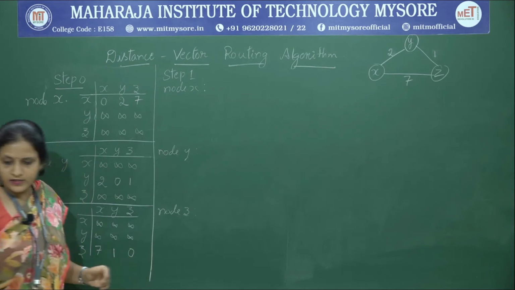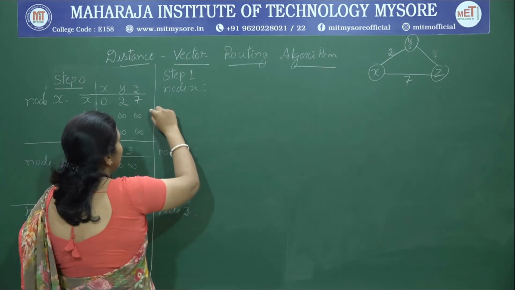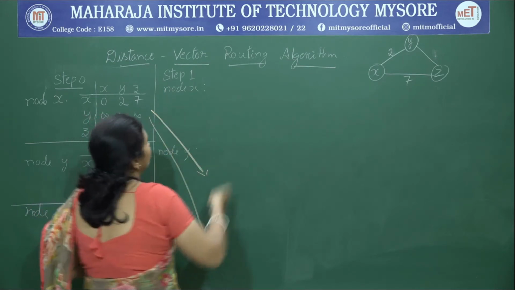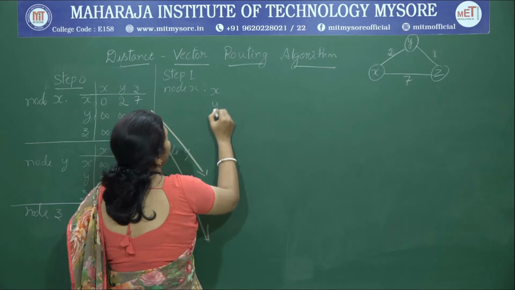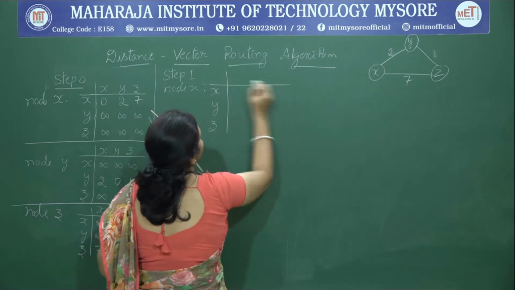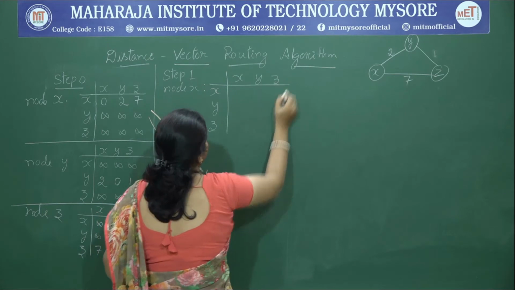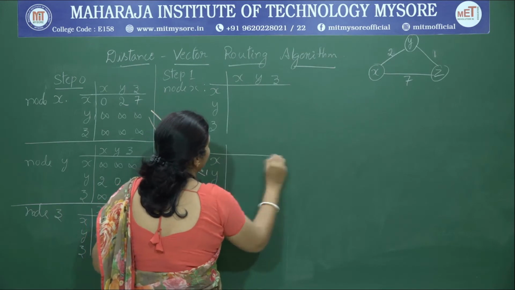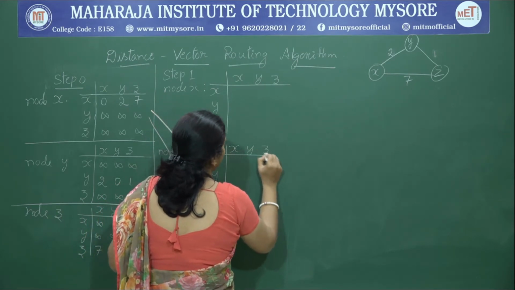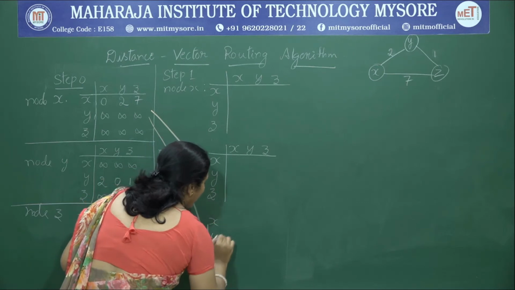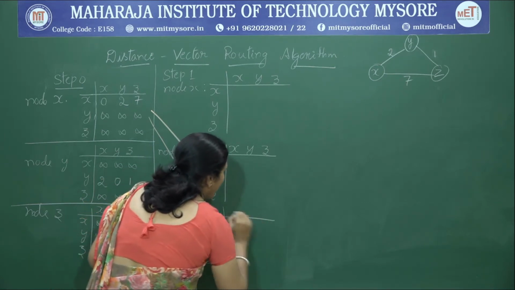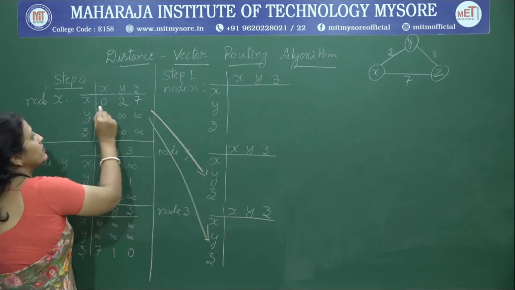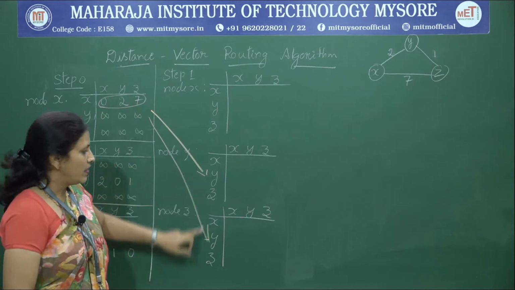Node x sends its information to node y and node z. Here again we are going to have a table like this. So, x sends its distance vector to y and z.